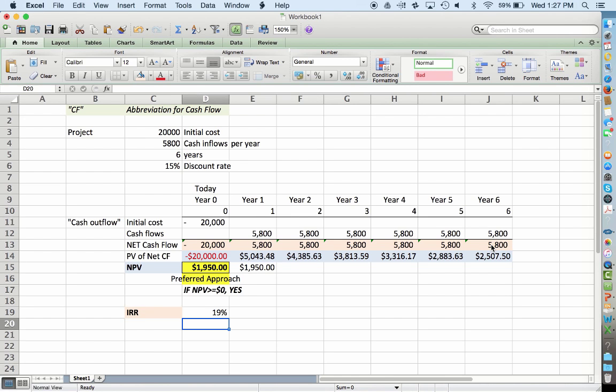Now, how do we know if that 19% is a good number or not? It's more than the discount rate. So, if IRR is greater than discount rate, yes. And it is.